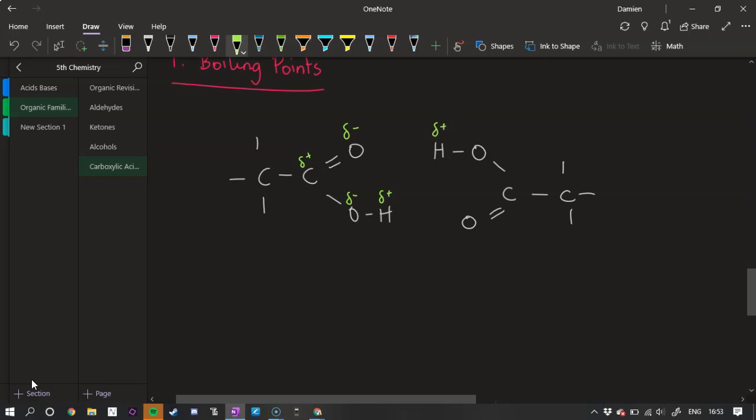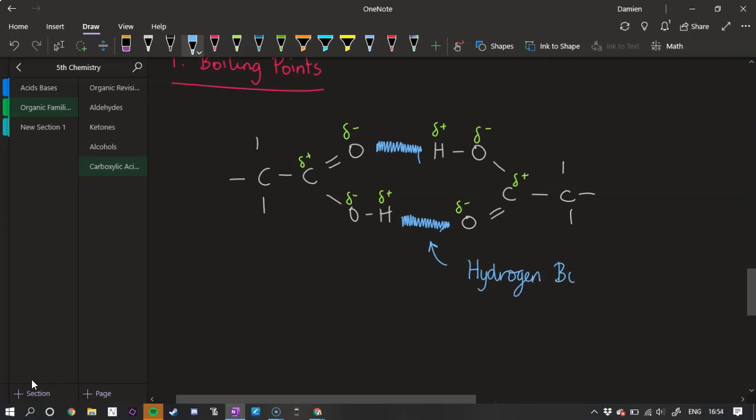Hydrogen is more positive, oxygen is more negative. Over here, oxygen is more negative, carbon is more positive. And these two molecules come together, and this is essentially what hydrogen bonding is. The negativity of the oxygen is attracted to the positivity of the hydrogen, because opposites attract, it's magnetic. And then the hydrogen attracts with the negative of the oxygen here. This here is what's called hydrogen bonding again.